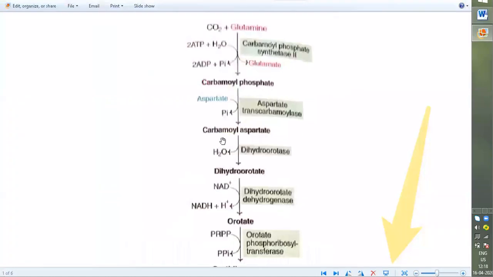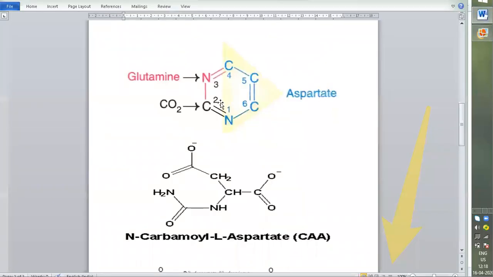Now the ring has to be closed. This is the third step.